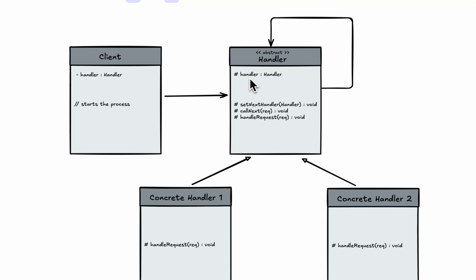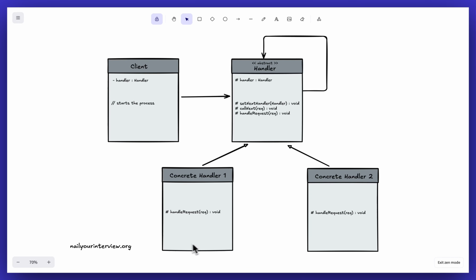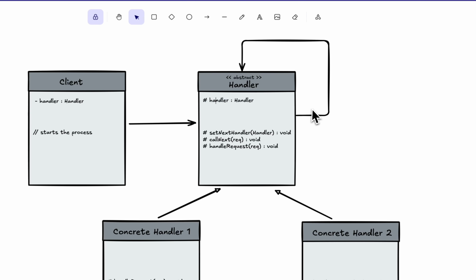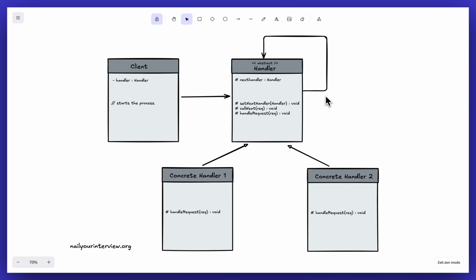This variable will be used by each and every concrete handler. This concrete handler will be extending the abstract handler. This concrete handler will also be extending the abstract handler. Each and every concrete handler will have a reference to the next handler, right? So the better naming for this variable could be next handler.